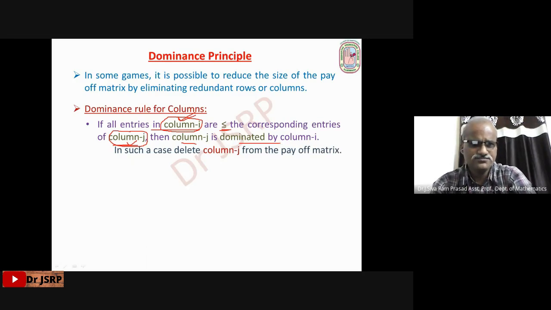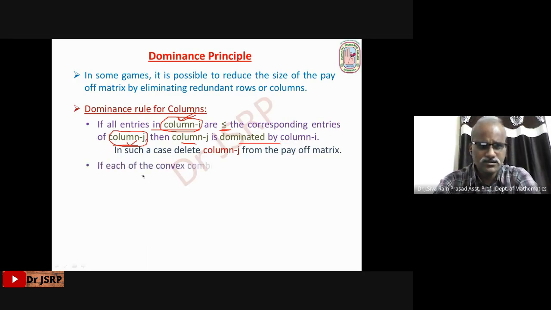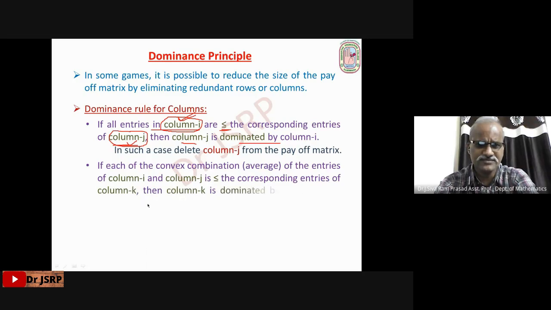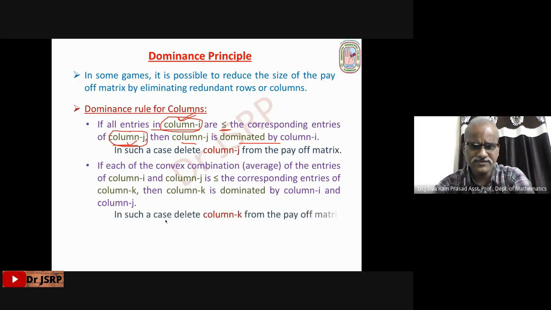Since player B is a minimax player, he tries to select the strategy with low payoffs. This is quite opposite to player A. Player A always tries to select the strategy with more payoffs compared with the other strategy. Similarly, if each of the convex combinations, generally the average of the entries of column I and column J, is less than or equal to the corresponding entries of column K, then column K is dominated by column I and column J. In such case, we delete column K from the payoff matrix.